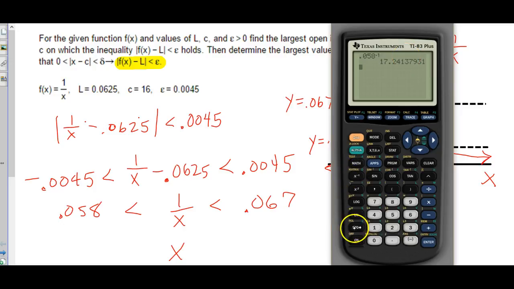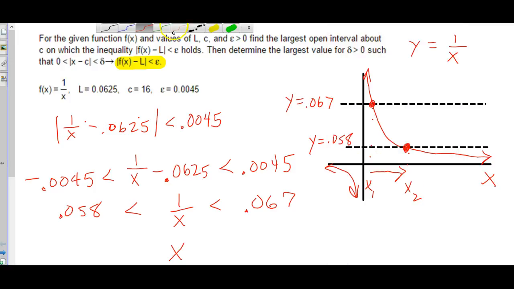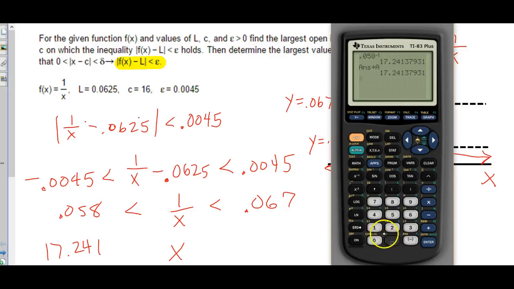I'm going to click store alpha A. Then 0.067, same thing: I reciprocate that and hit store alpha B, and I get 14.925 roughly.